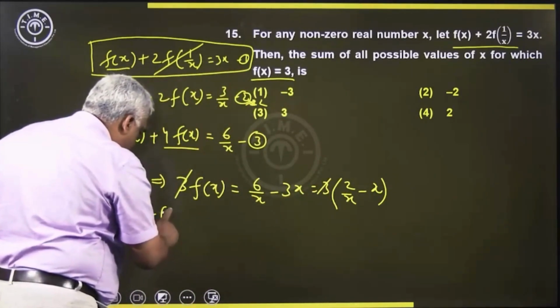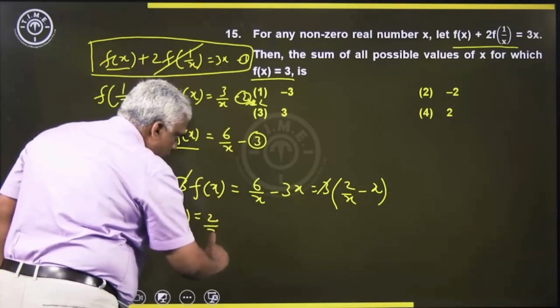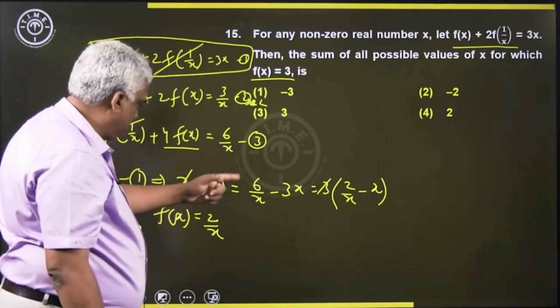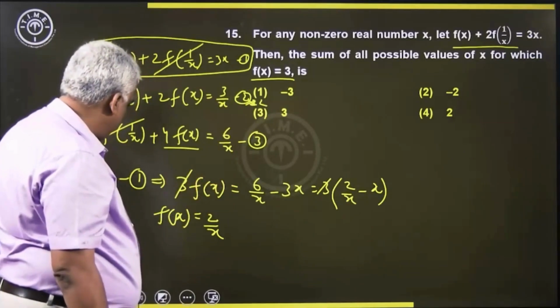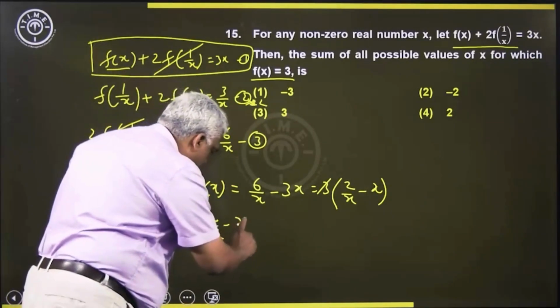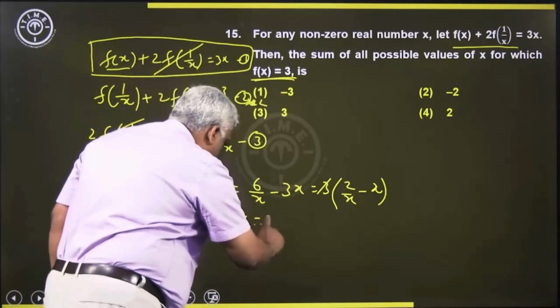We can cancel 3 from both the sides. So, we got f(x) equals 2 by x minus x, and it is given that f(x) is 3. So, 2 by x minus x is equal to 3.